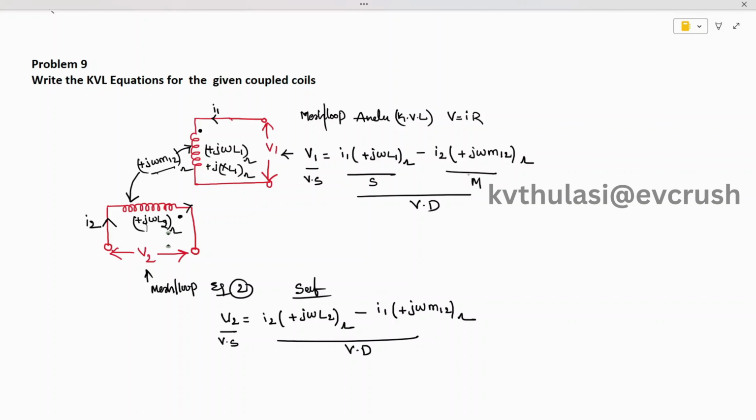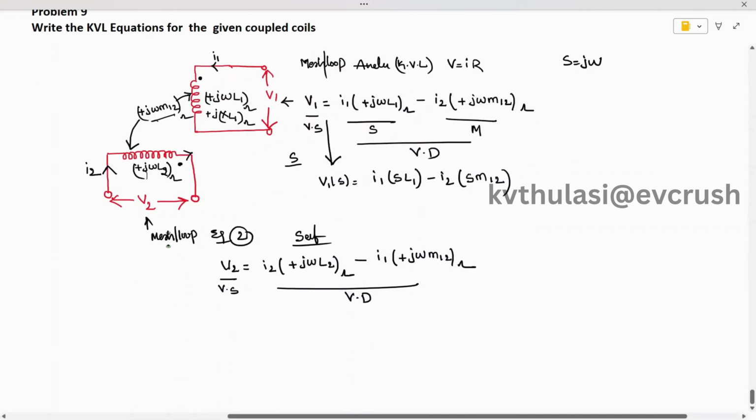If you want to write it in the S domain, just substitute s equal to j omega. We can simplify and write V1 of s equals I1 into s L1 minus I2 into s M12.